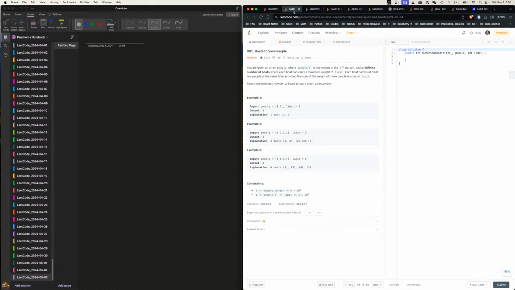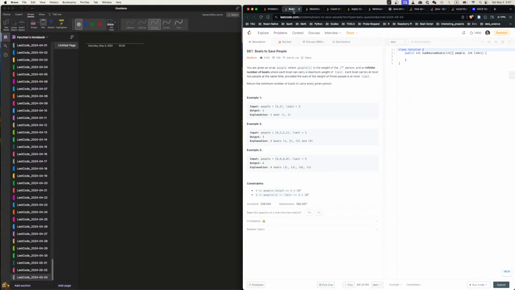But I can argue that it will be the same. Hold on, is it always the heaviest with the current lightest? What if you don't?